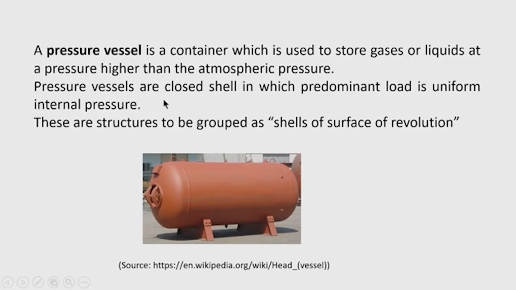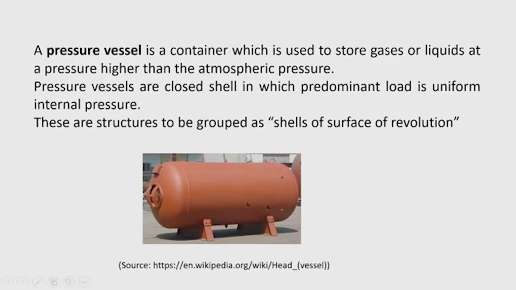So, pressure vessels are closed shells actually, and the predominant load is internal pressure. Self weight is negligible compared to the internal pressure. These are structures to be grouped as shells of surface of revolution. This type of pressure vessel is formed when a curve is rotated about an axis of revolution.